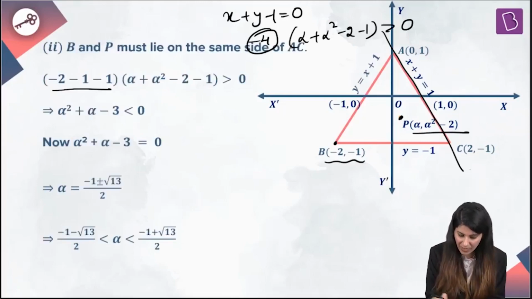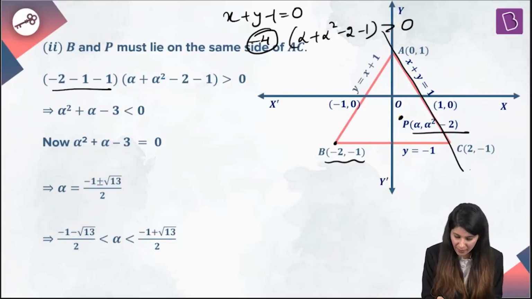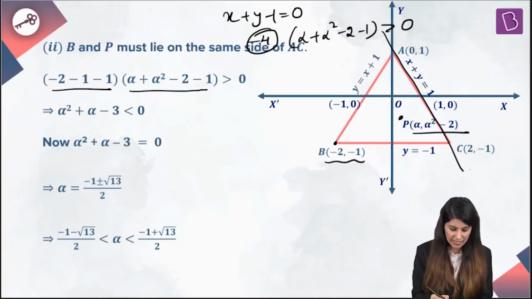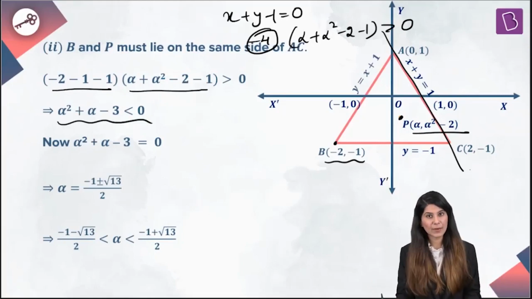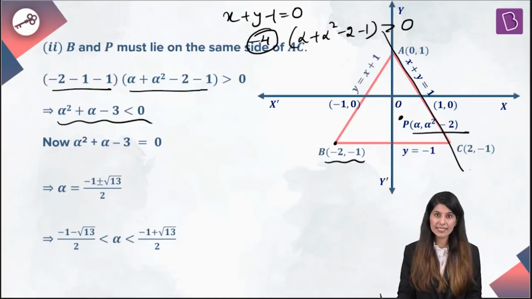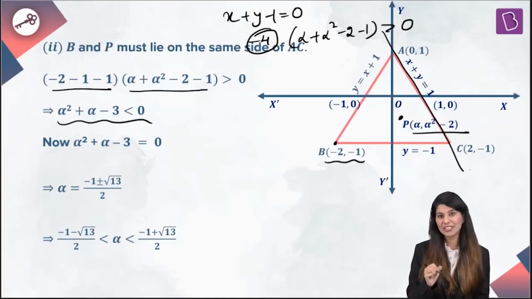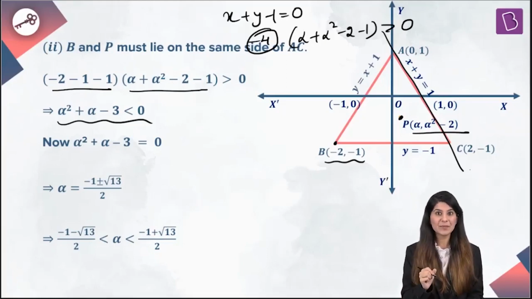So here the same thing, minus 2 minus 1 minus 1, and alpha plus alpha square minus 2 minus 1. The product of these two would be greater than 0 because both points are lying on the same side of the line. So if you solve this, you'll get alpha square plus alpha minus 3 less than 0. Now we need to solve this with method of intervals. For that, solve it by the formula method.